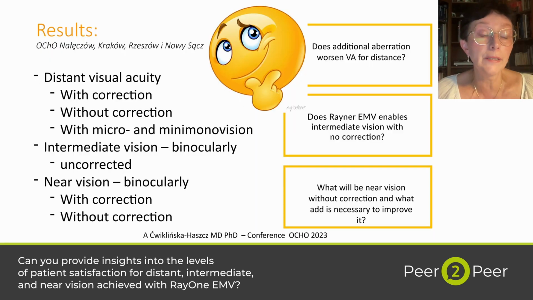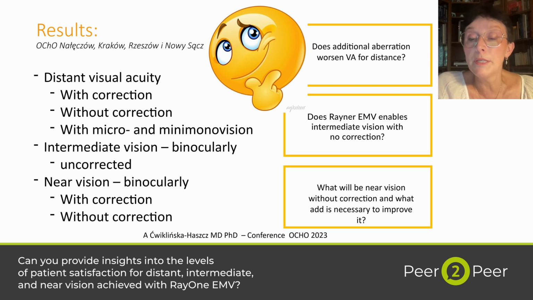I would like you to see some of my slides depicting the results we had. First of all, we ask the questions. Does additional aberration worsen visual acuity for distance because the lens has incorporated spherical aberrations in the center? Does RayOne EMV enable intermediate vision with no correction?